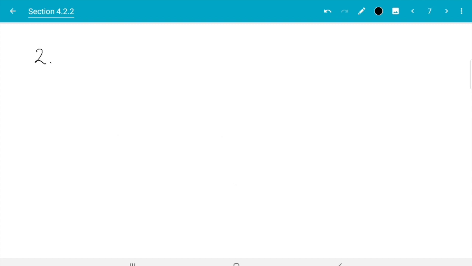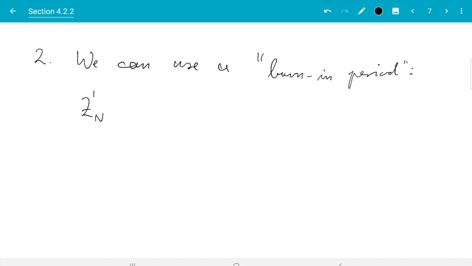The second idea is we can use what's called a burn-in period. As I said, when we compute these estimates, we normally take the sum over all samples. If we use a burn-in period, then instead we throw out the first m samples. So we would start at sample m plus 1 and go to the end.